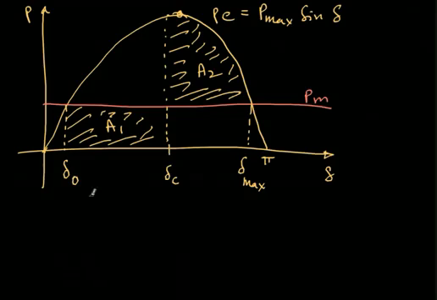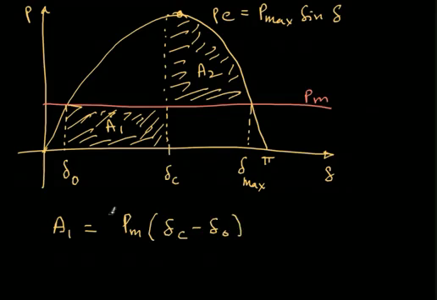A1 is nothing but this rectangular box. Therefore the area of A1 will be PM into delta C minus delta naught. I can also integrate PM from delta naught to delta C, which comes out to be the same thing.